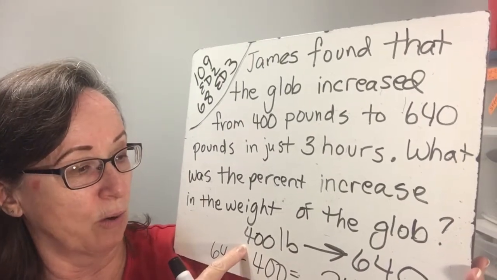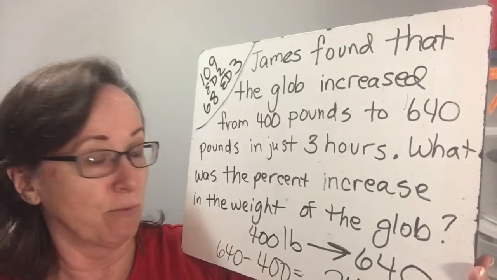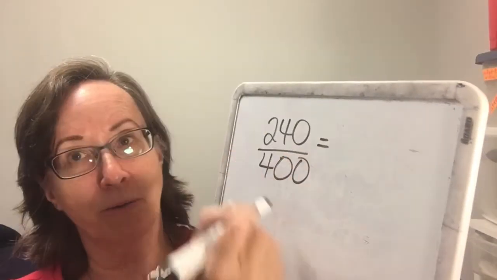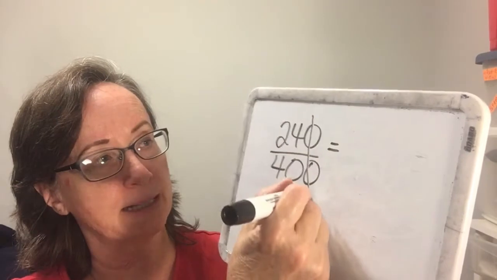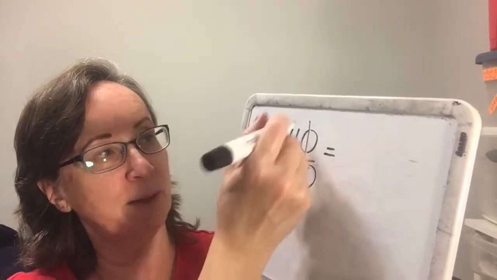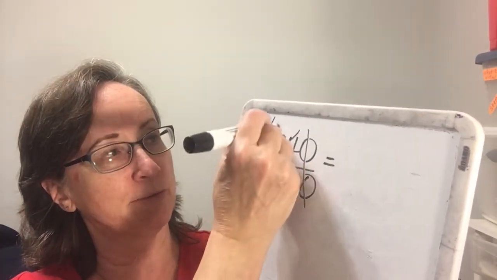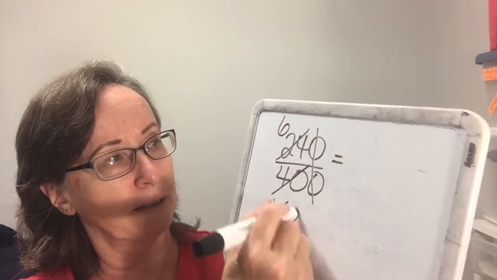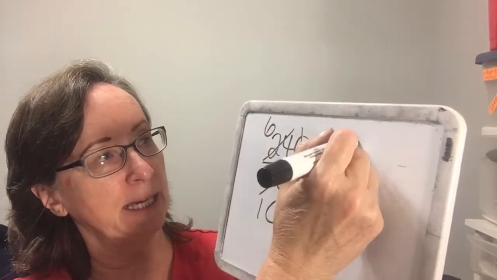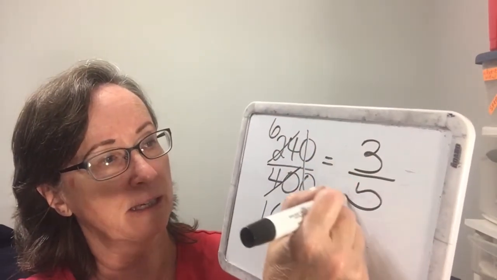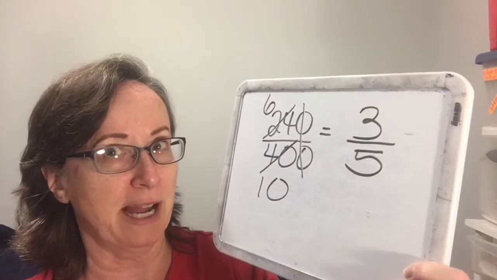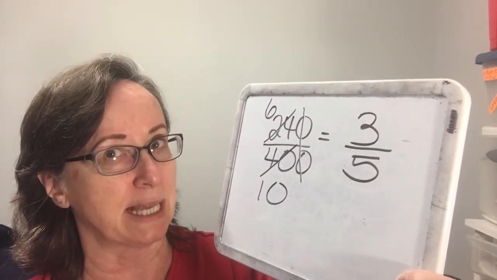Okay, so 240 divided by 400, we cancel the zeros, and we can divide by 4. So divide that one by 4, divide that one by 4, and we can divide by 2 again and get 3/5.